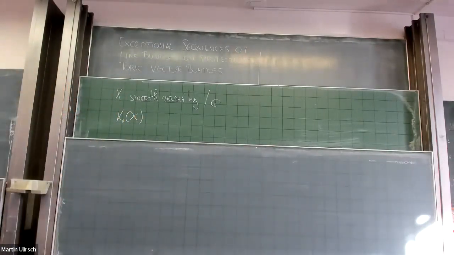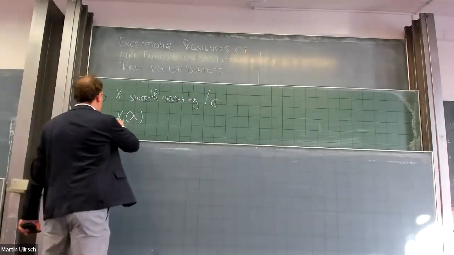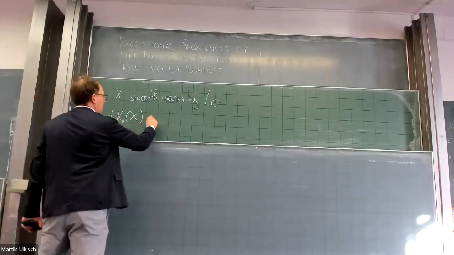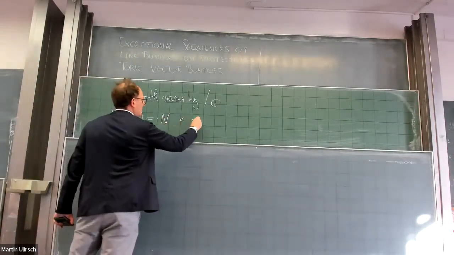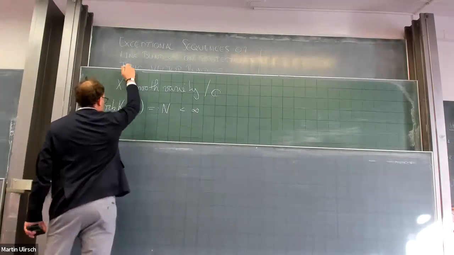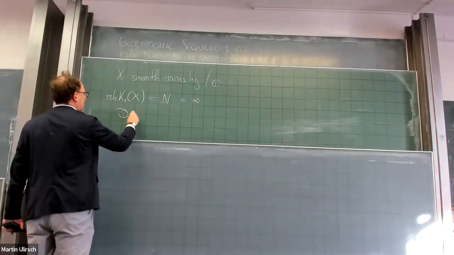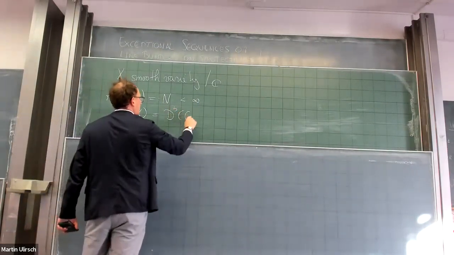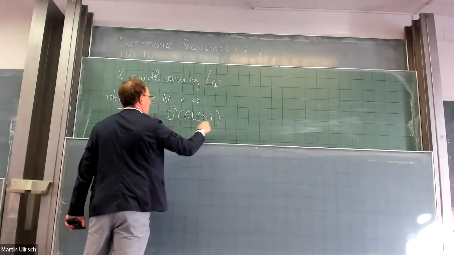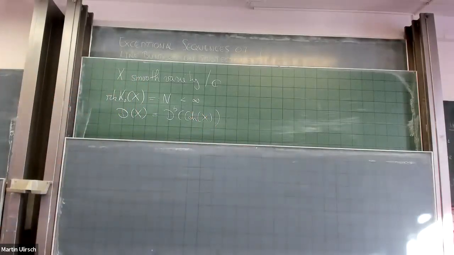A group of different sheaves. D^b is the derived category of sheaves. We saw that actually yesterday in class.